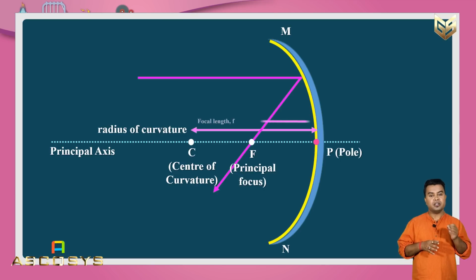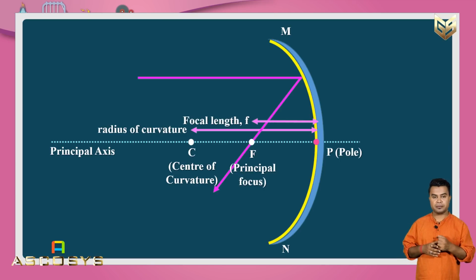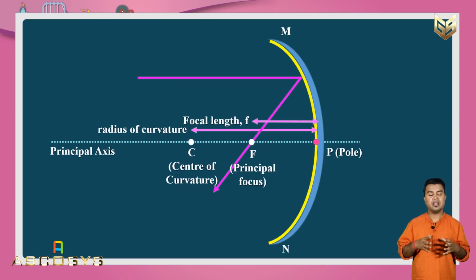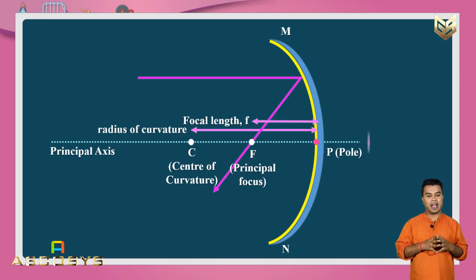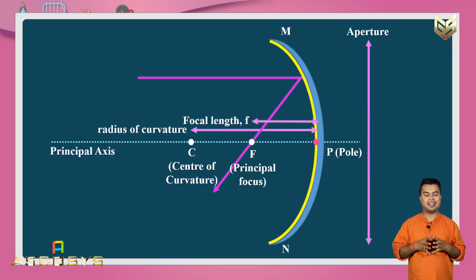The distance of the focus from the pole of the mirror is also called focal length. And aperture of the mirror is the diameter of the reflecting surface of the mirror; with the help of the aperture, you will know how much the curvature of the mirror will be.